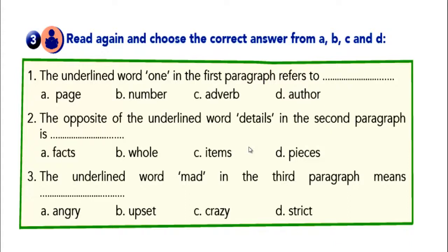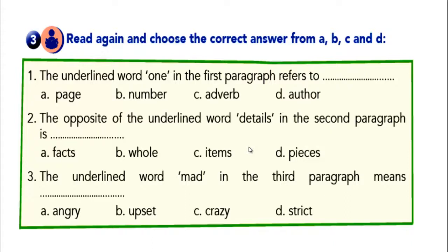Here you have three questions. The first one, the underlined word one in the first paragraph refers to what? Page, number, adverb, or author? Number two, the opposite of the underlined word details. Opposite, okay? In the second paragraph is what?